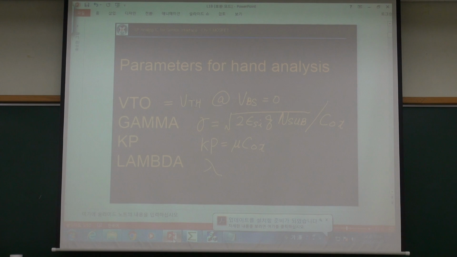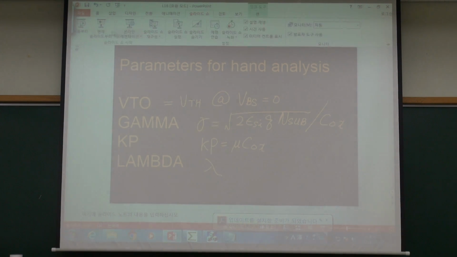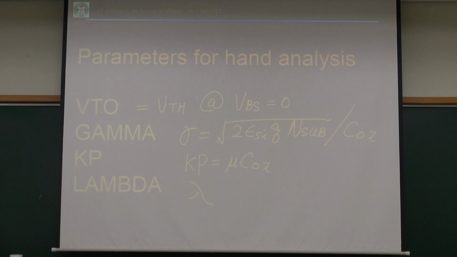So let's see. No, that one is just this one, right? So I sweep VBS from 0 to -3, right? Then we'll find this voltage, right?